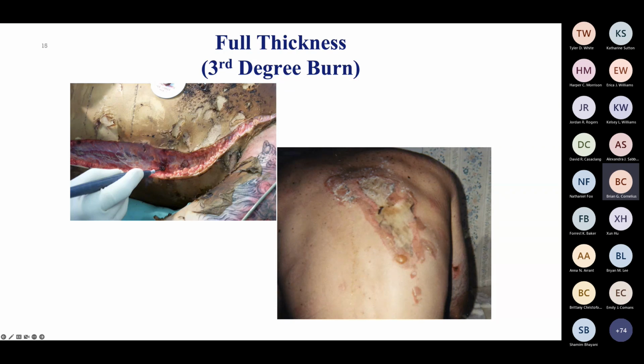What you will see is as you start moving down through the layers, like getting into the deep subcutaneous layer, you may start to have some bleeding or oozing. But while they may not bleed, they will ooze a lot of fluid. These wounds tend to be very weepy as they get deeper and start getting into the viable tissue. So they have huge fluid shifts, and that's one of the things we really have to focus on when we're taking care of these patients is their fluid status and what's going on.